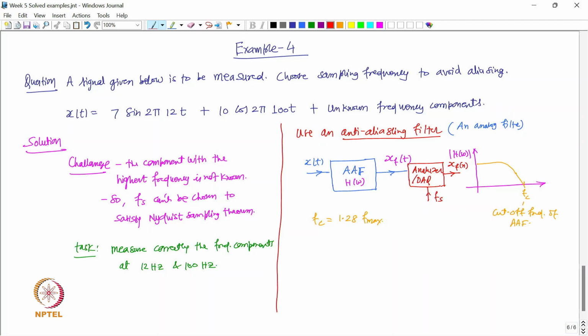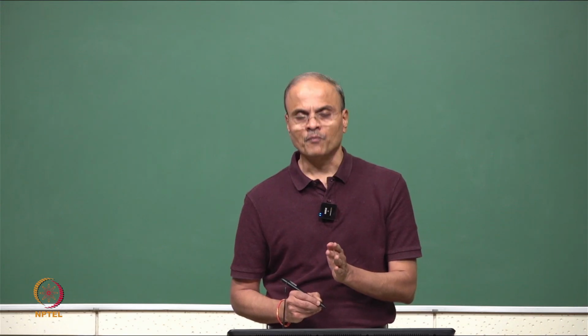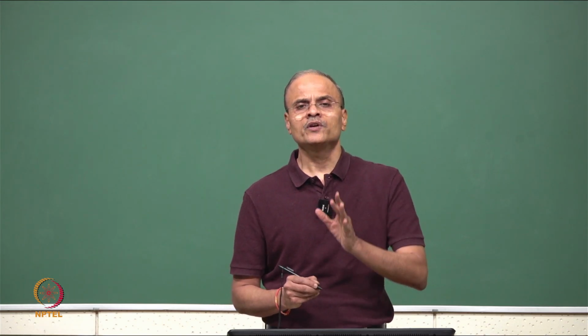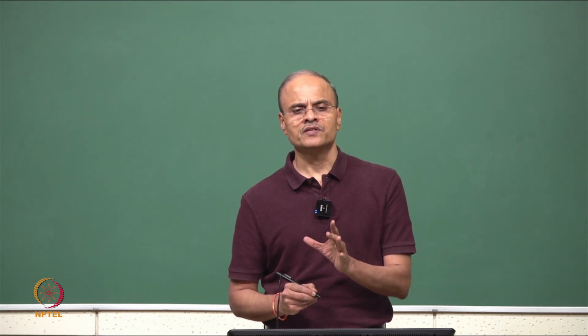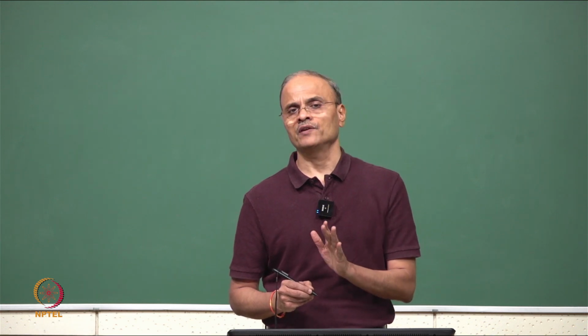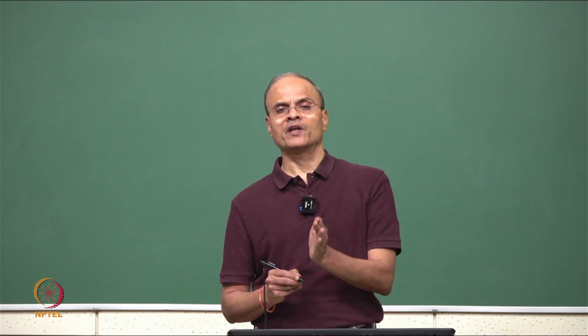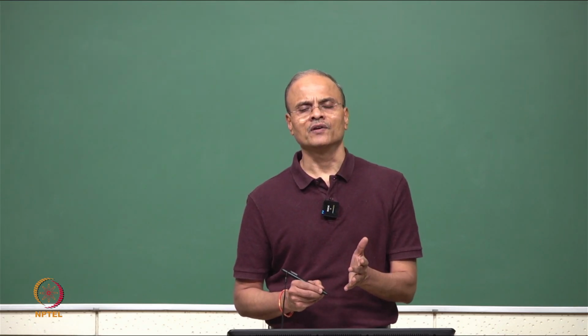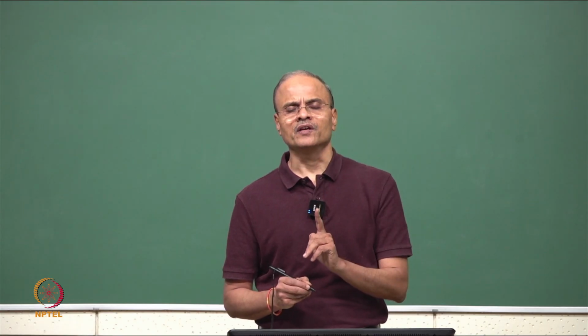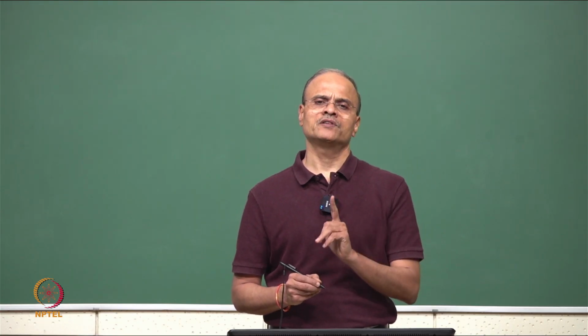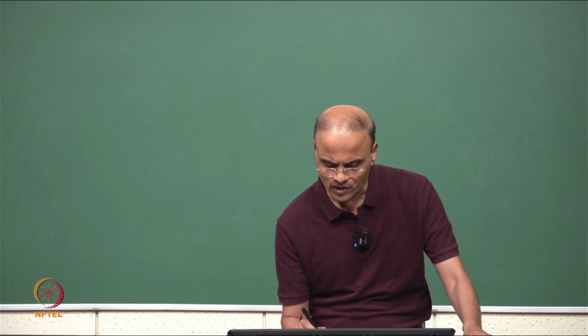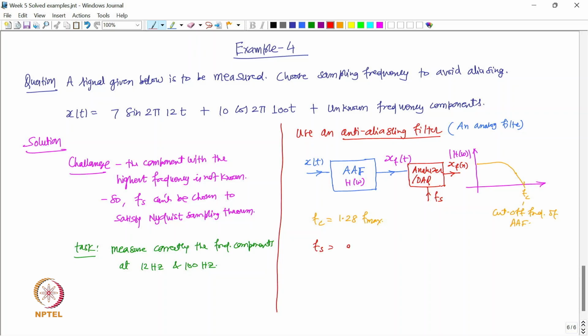Because xf(t) is the filtered signal obtained by filtering x of t, we now know the maximum frequency component present in xf(t). There can be no frequency components beyond Fc, because that is the cutoff frequency of the filter, and that is why for xf(t) we can choose the sampling frequency very appropriately. So, we take the sampling frequency Fs as twice Fc to satisfy the Nyquist sampling theorem.